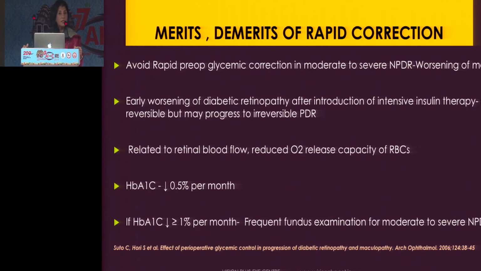But a very drastic reduction is not advisable, and we should be in close touch with the endocrinologist to advise them that a slow reduction in the HbA1c is required. And if you find a patient who is having a sudden decrease in HbA1c, especially patients who have been put on intensive insulin therapy, they do need to have more frequent fundus examinations.